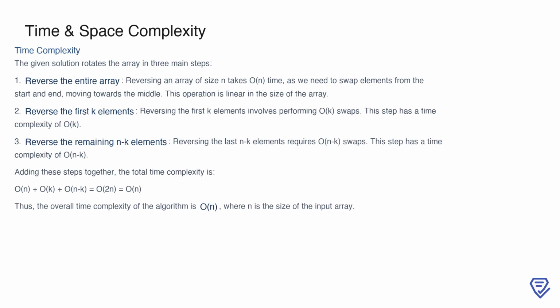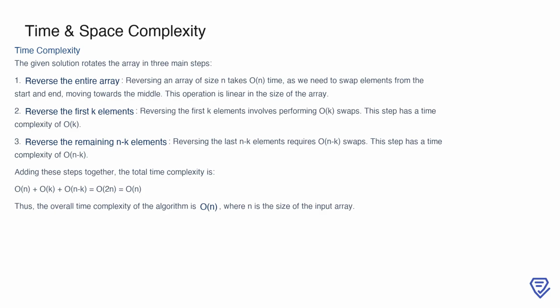To analyze the time complexity of our solution, let's break it down into its three main steps. First, we reverse the entire array. This involves swapping elements from the start and end, moving towards the middle, which takes O(n) time for an array of size n. Next, we reverse the first k elements. Here, we perform k swaps, so this step has a time complexity of O(k).